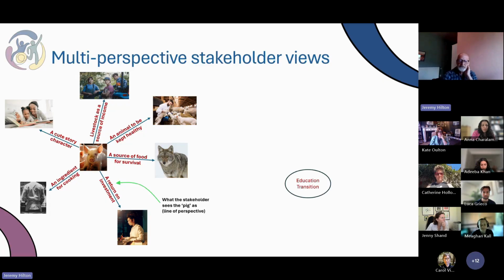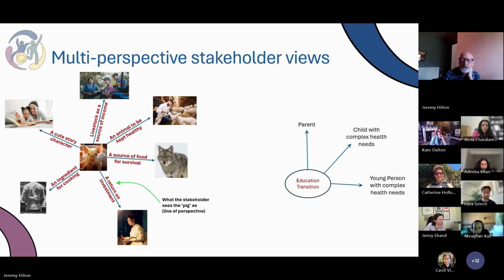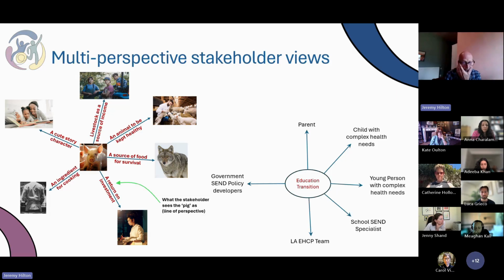So taking something like an education transition, we're starting to identify, well, who are the various stakeholders, whether the parents or the children, perhaps different from young people with complex health needs, policy developers, the EHCP teams, the SEND specialists, the health providers, and others.